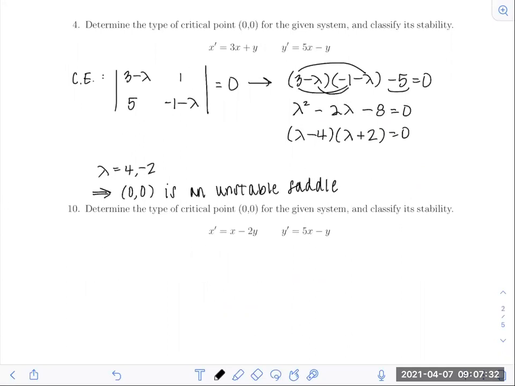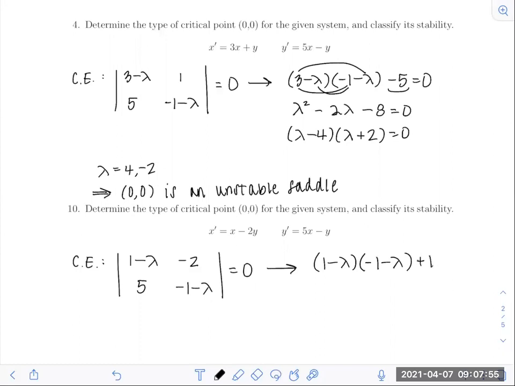So let's do the exact same thing here for problem 10. I'll set up my characteristic equation. That is the determinant of 1 minus lambda, negative 2, 5, negative 1 minus lambda, equal to 0. So let's see what we get here. We get 1 minus lambda times negative 1 minus lambda plus 10 equals 0.